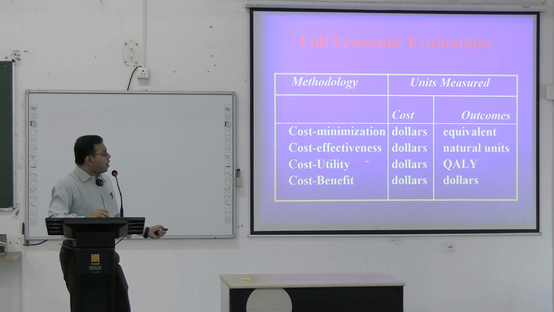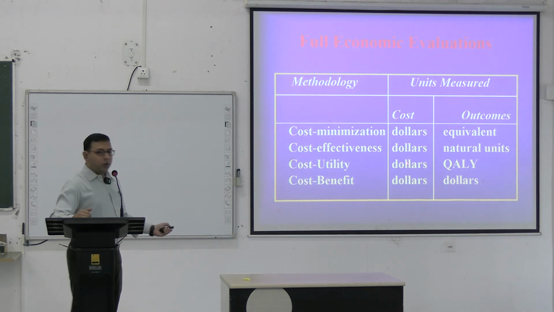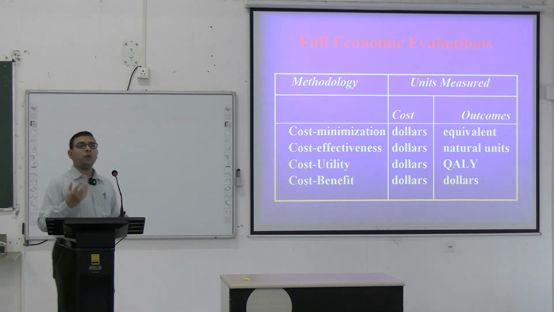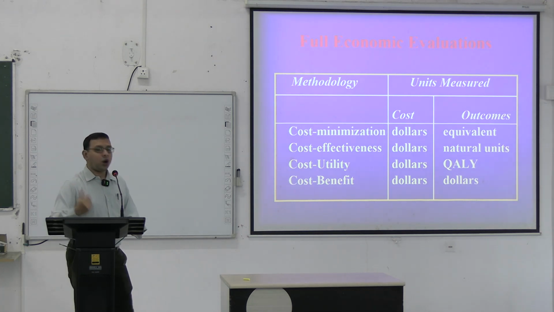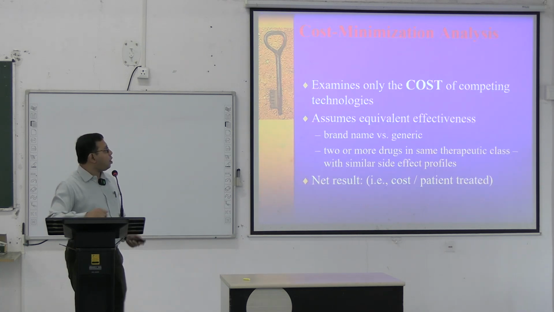Cost effectiveness means we are comparing the cost with some natural units. Natural units means how much decrease of HbA1c is done or how many millimeters of mercury hypertension is reduced. Cost utility is usually measured in monetary units and quality adjusted life years, meaning whether their quality of life is improved or not. Cost benefit is done in monetary units, both in the cost as well as the outcome. We will come to the details.